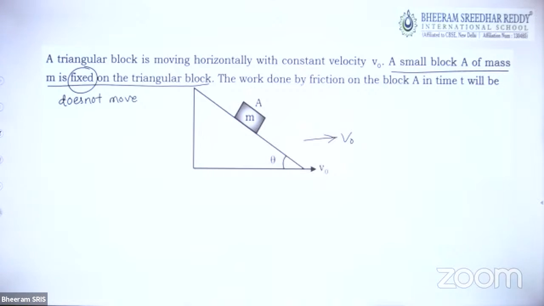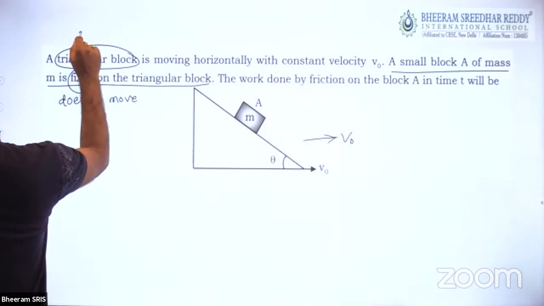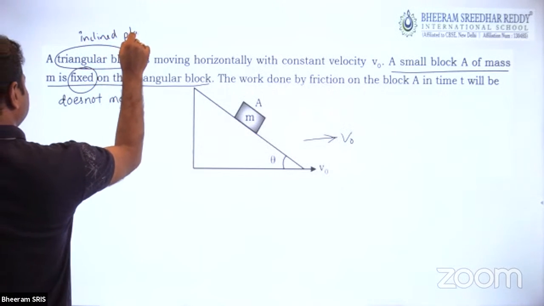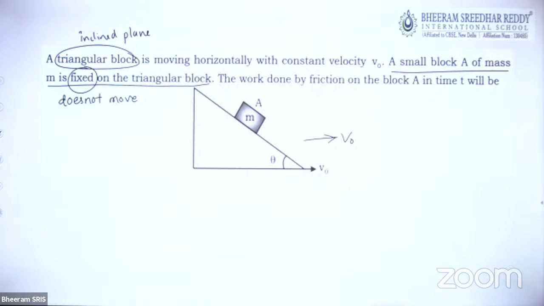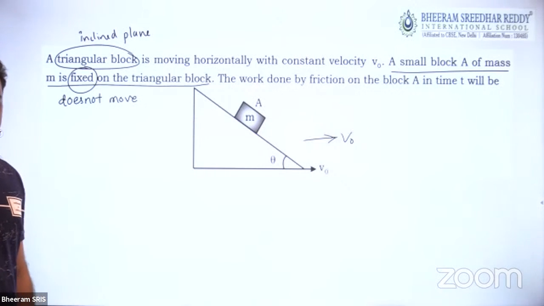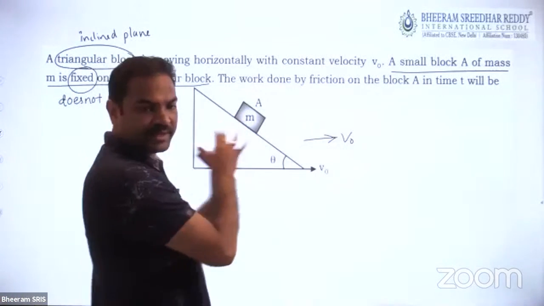See, the block is not moving on the inclined plane. They have given a triangle block; you can call it an inclined plane also. I'm taking it as an inclined plane. So on the inclined plane, the block is not moving, but the inclined plane is moving.